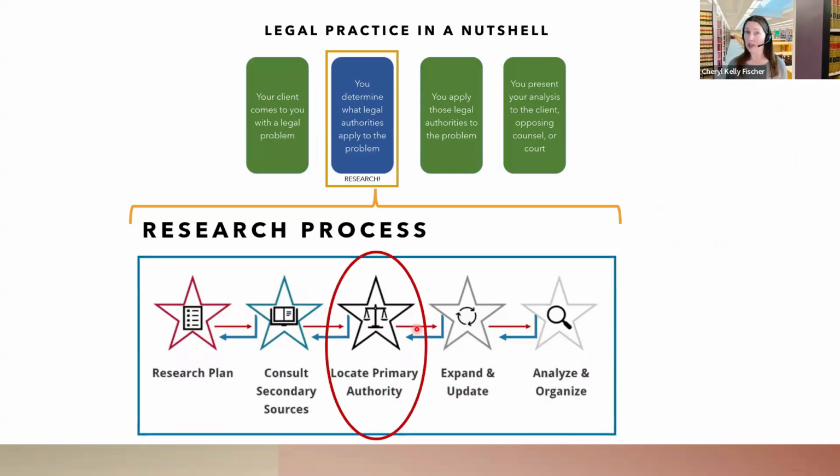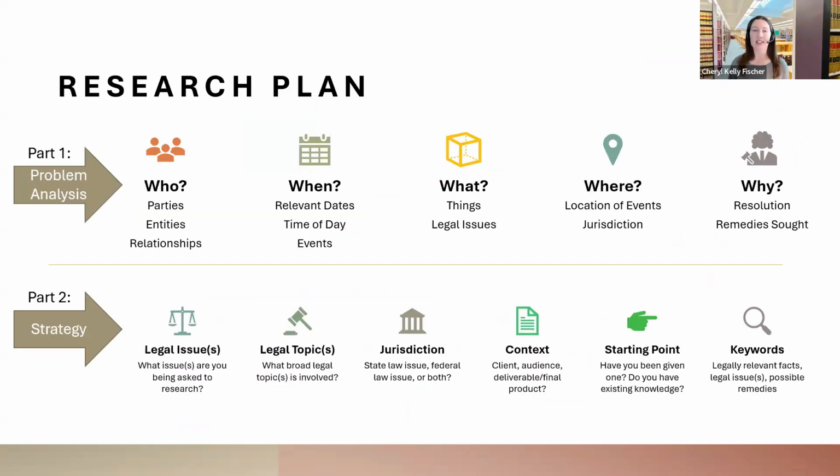So we're here in step 3 to talk about statutes, primary authority. But because we like to scaffold in this class and because you learn research by practicing it, we are going to practice step 1 before we get into statute. So in just a moment, you will open up the learning exercise in Word and you will fill in a research plan.